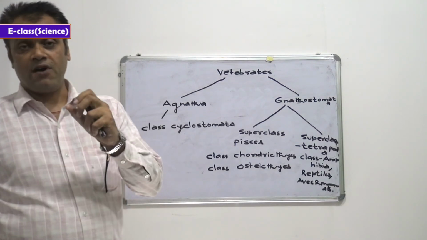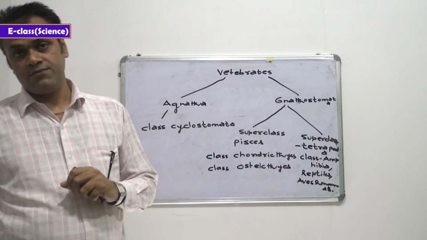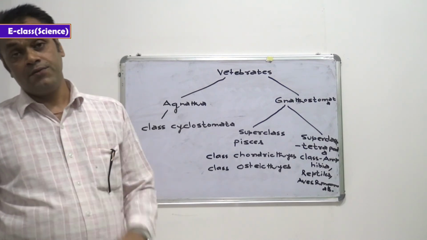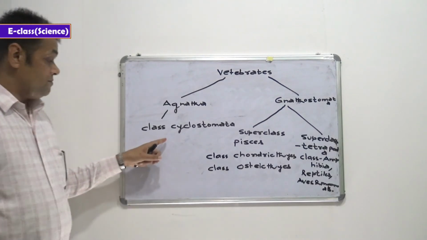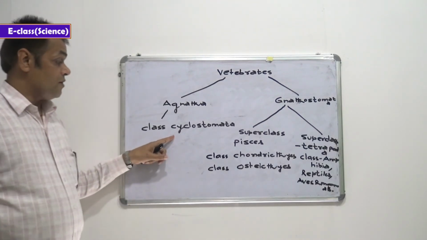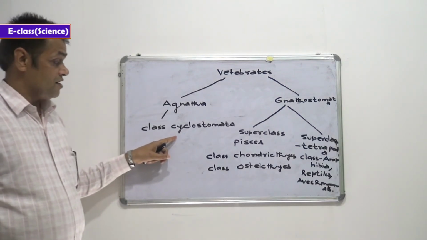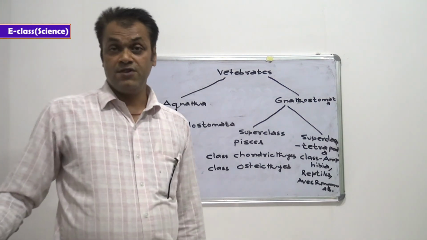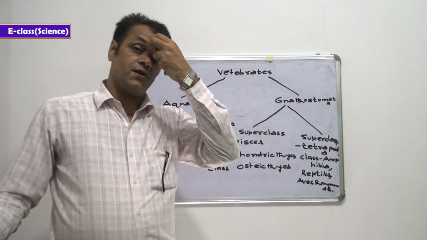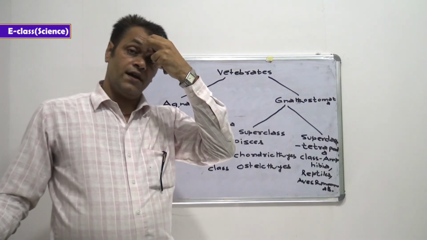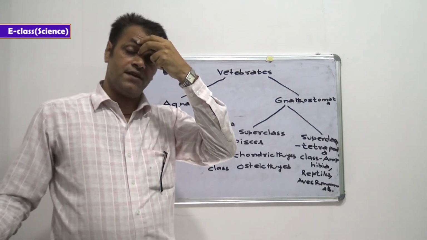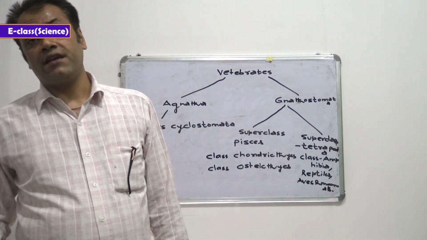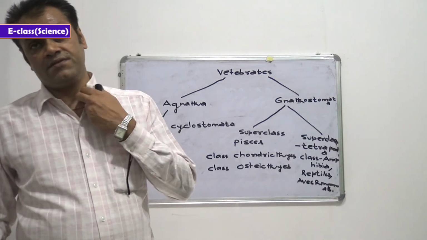Some live in fresh water also, in rivers, ponds, and lakes. On the basis of their feeding nature, they are sanguivorous, blood eaters. In Cyclostomata, the brain is differentiated and contains either 8 or 10 cranial nerves.